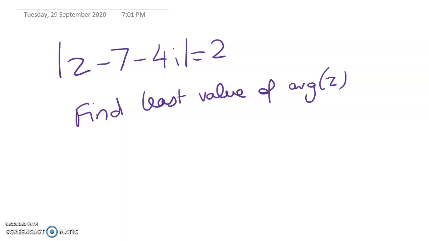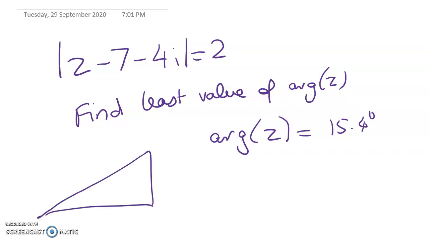Okay, so I'm going to leave that one for you to work through, but the final answer that you should get should be 15.4 degrees. So arg z is equal to 15.4 degrees, and the two triangles that you should end up with for this question look like this.